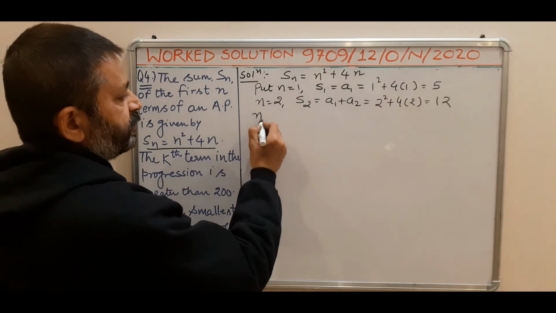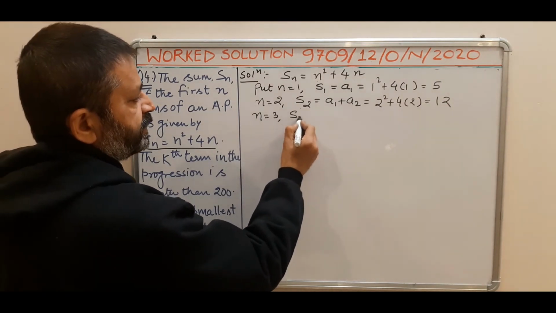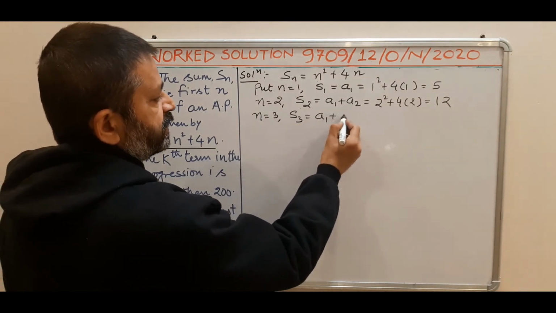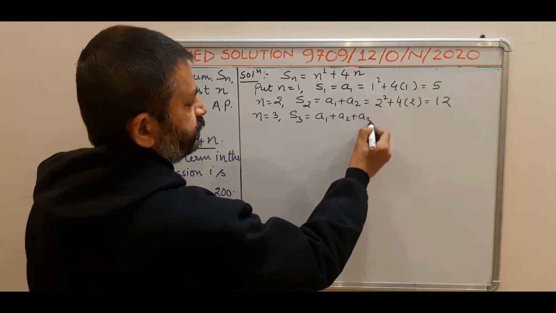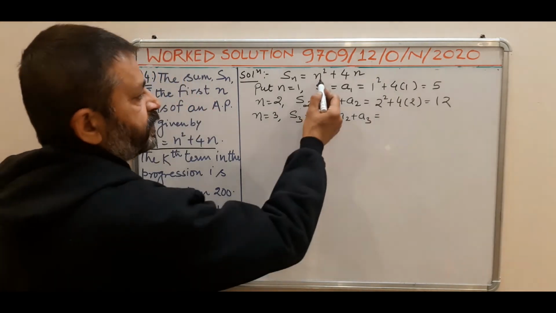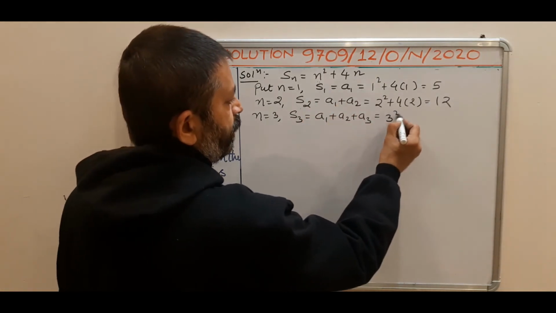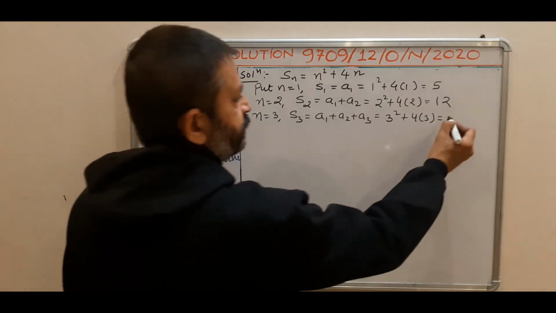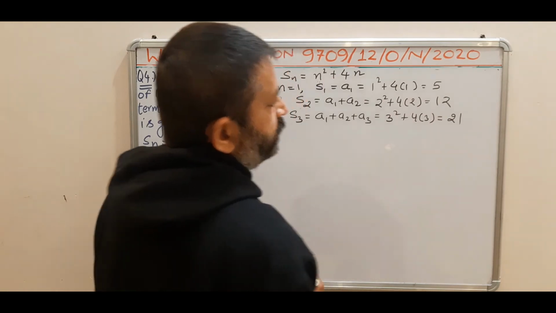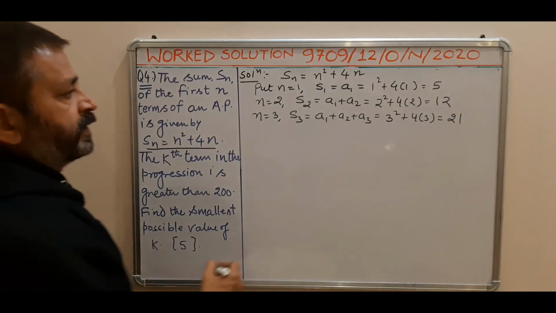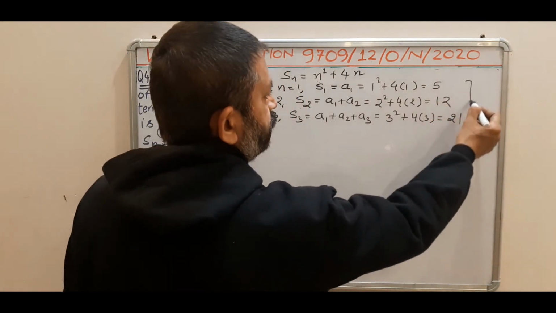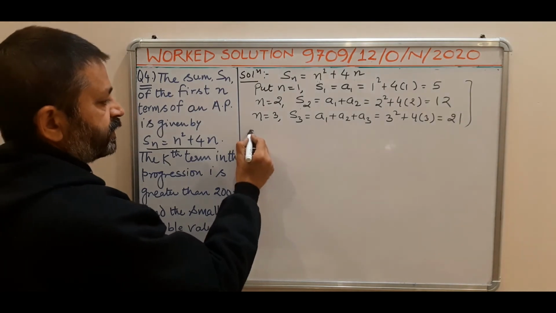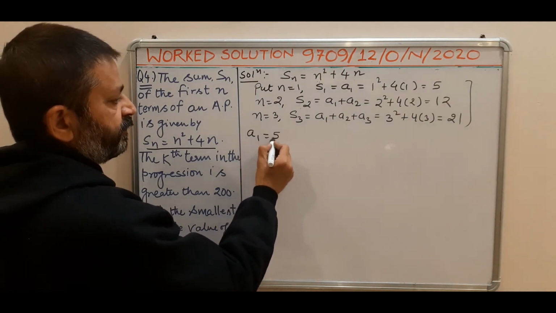Then put n = 3, you will get S3, the sum of the first three terms. It is 3² + 4 × 3 = 9 + 12 = 21. So from this we get that the first term is 5.